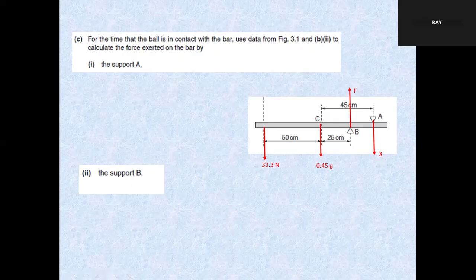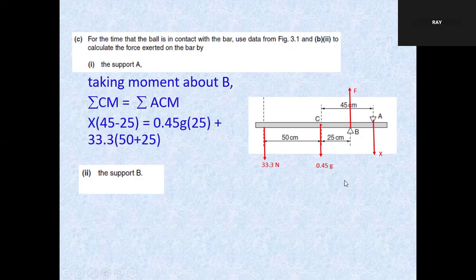So we want to calculate this one. Since these two are unknown, we can take moments about B. Clockwise is this one, X. And this is 45, this is 25. So the distance is 45 minus 25.